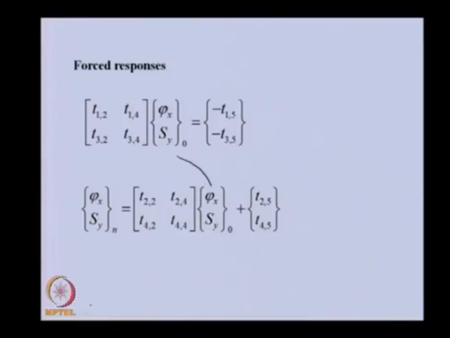Then we can substitute it here to get the state vector at the nth station, because this unbalance will be known and all these terms, the field and point matrices including the speed, will be known. So we can obtain these responses for various speeds, and plot the response with respect to speed to see how they vary. This is how we can analyze the forced vibration in the system.